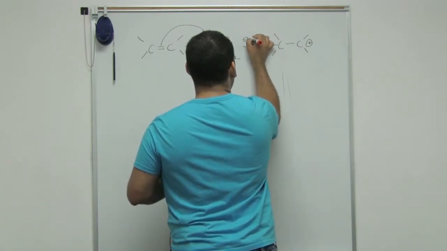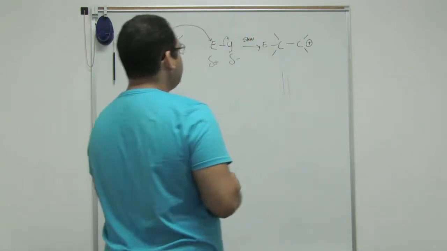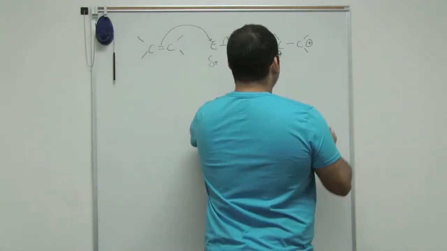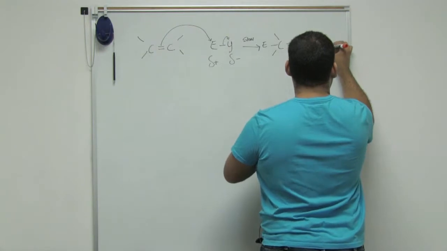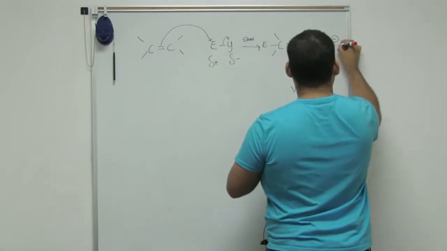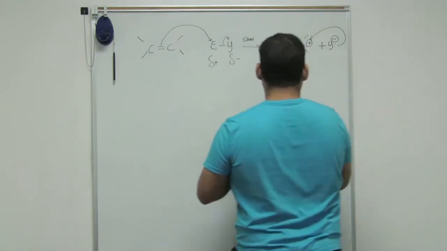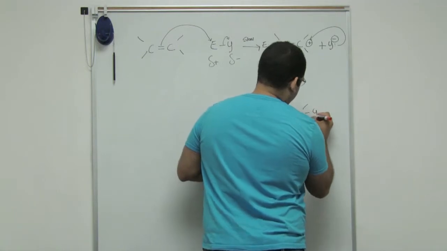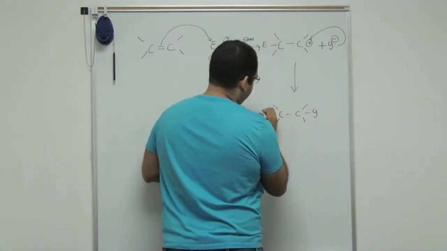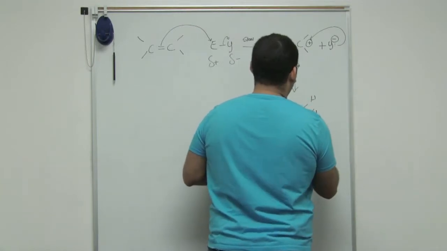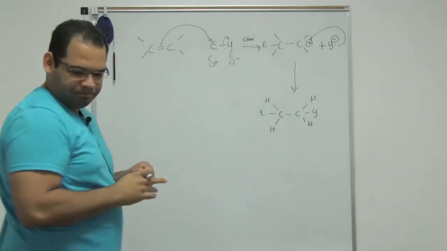This is a slow step, the rate determining step, because we have the formation of the carbocation. And now we have our nucleophile doing the attack on a carbon, and we end up with that particular molecule.